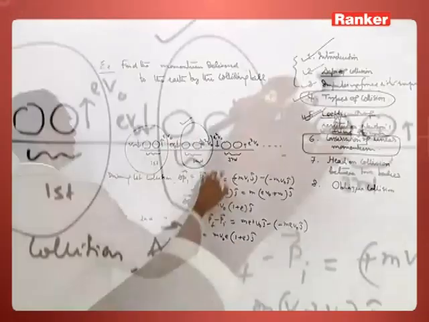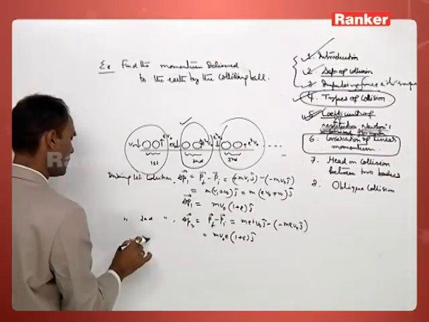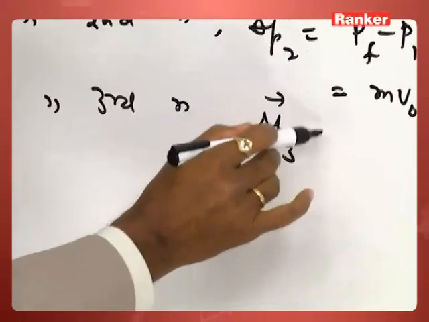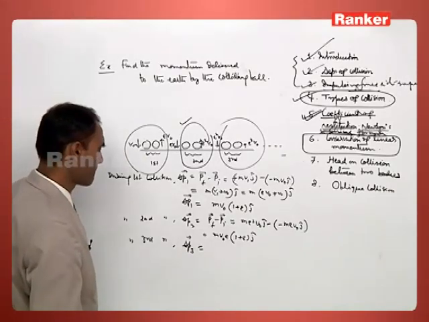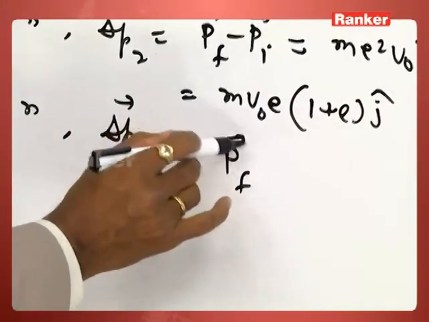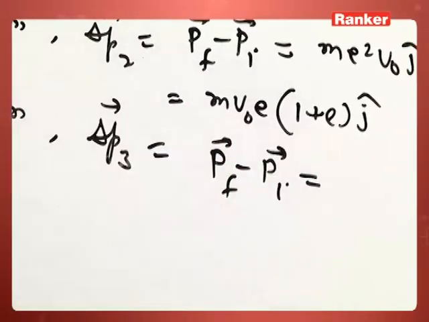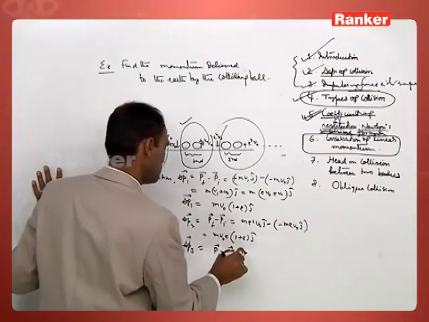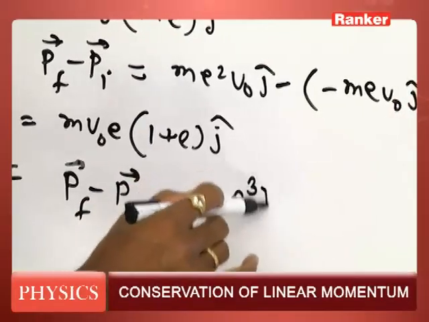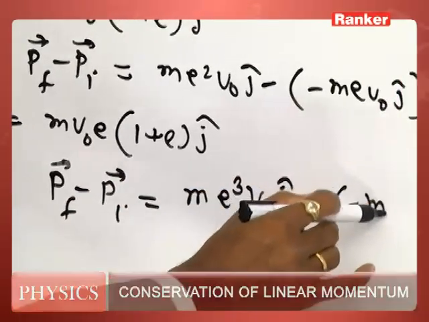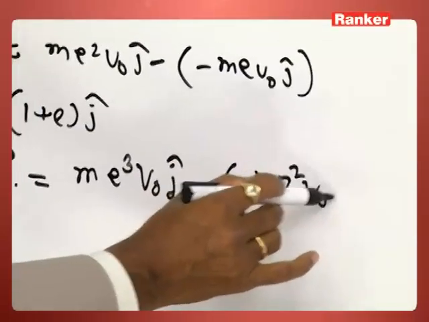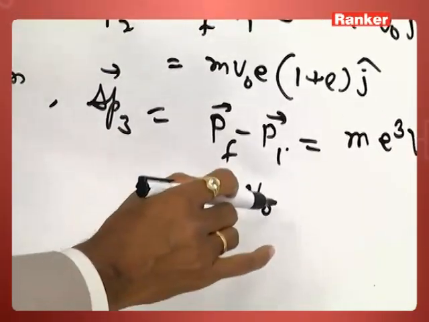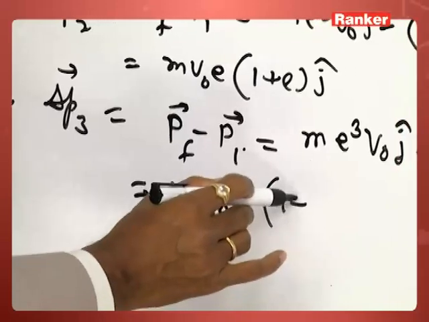This is over. Now take the third collision. During the third collision, the change in momentum of the ball is del P3. That's equal to its final momentum minus its initial momentum. Its final momentum is equal to m e v naught j cap minus m e square v naught j cap. This gives us m v naught e square (1 plus e) j cap.